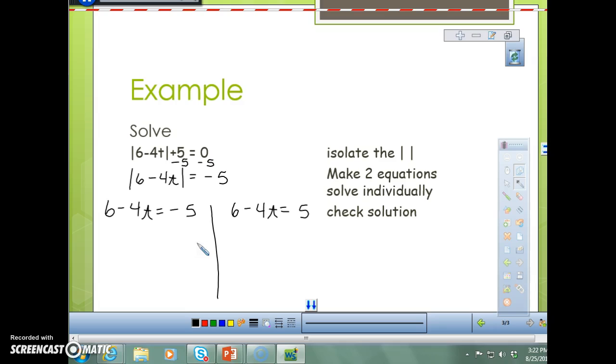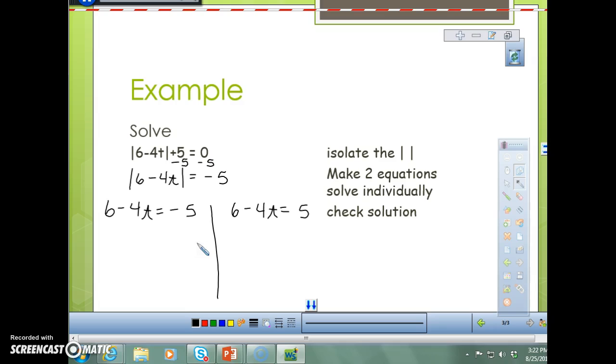Let me ask you this question before we go to solve it. At this step here where it says 6 minus 4t in the absolute bars equals negative 5, what does that statement mean? These absolute bars mean distance, right? So this says that the distance from 0 is negative 5.